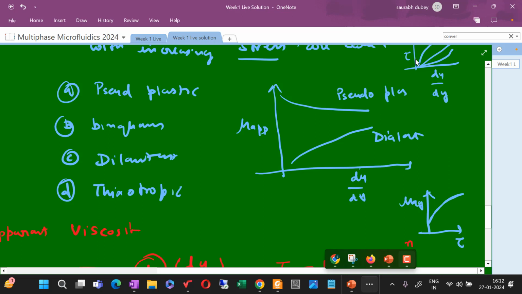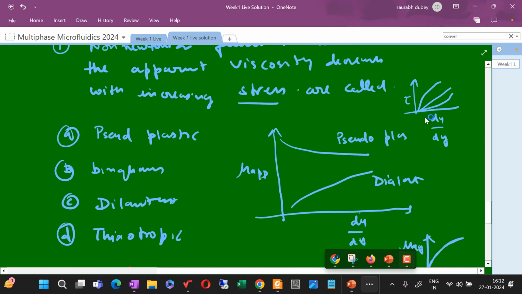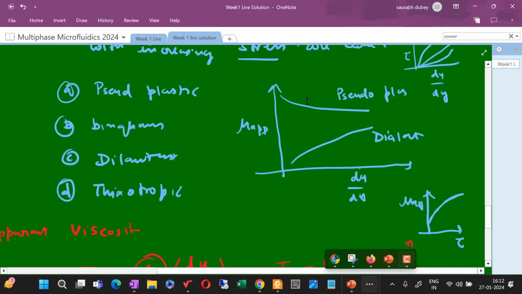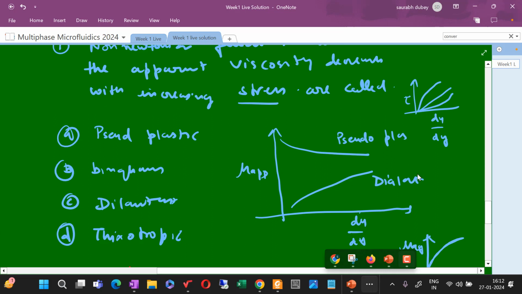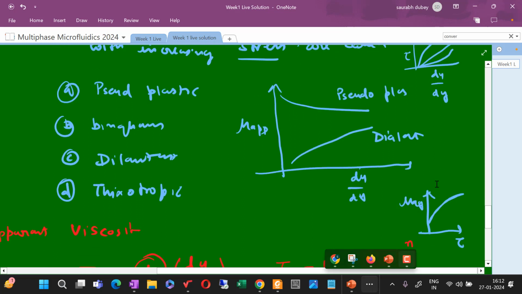With this strain rate, tau is increasing, and mu apparent is decreasing with increasing strain rate. Actually, this is not that straightforward, as if something is not given.